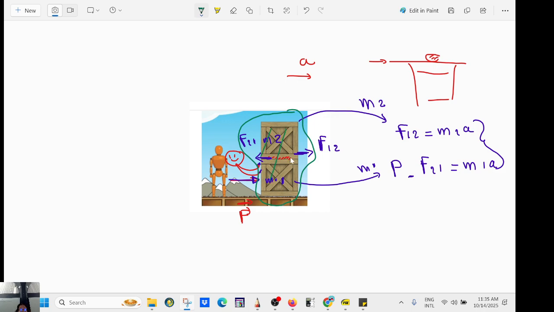So if you take those two boxes, you're going to say the push, that will be the external force, equals (M1 plus M2)A. Isn't that beautiful? Physics is beautiful. And that's because if you add those, you see F12 is the same thing as F21 in magnitude.